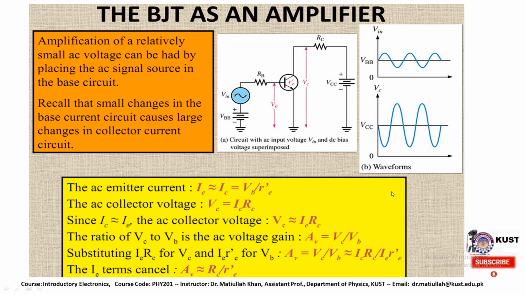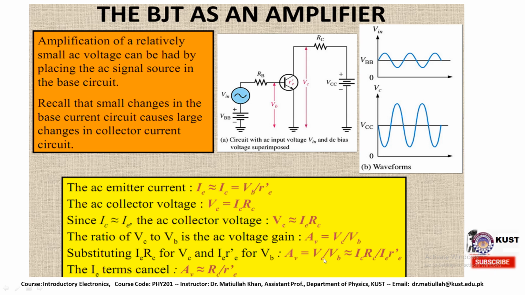In this particular case, the AC emitter current is represented by small i subscript e, that is almost equal to the collector current, and that is equal to Vb divided by Re. And similarly, the AC collector voltage is equal to Vc is equal to Ic Rc, and here we can just replace Ic by Ie. So from this, we can find out the ratio of Vc to Vb, the AC voltage gain, that is Av is equal to Vc divided by Vb.